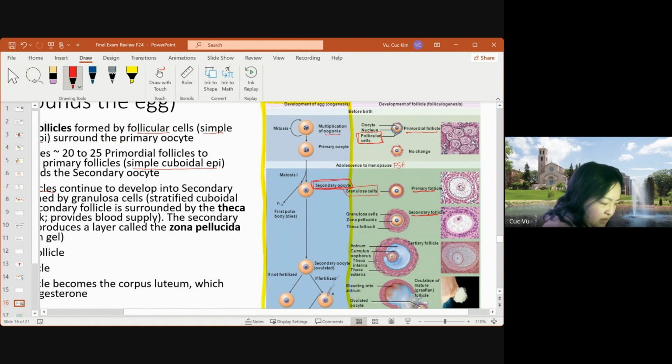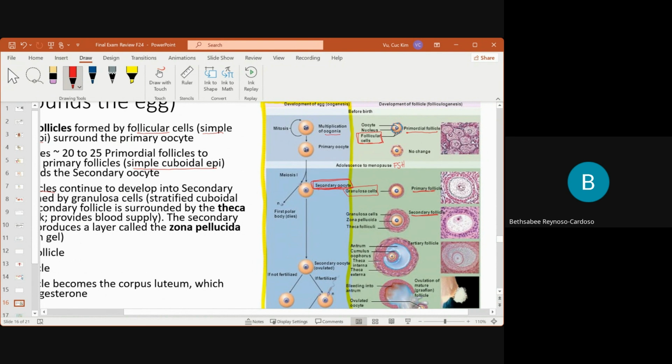Okay. So the primary, the secondary, and the tertiary are still going to surround the secondary oocyte. Because remember, after meiosis 1, does the secondary oocyte change? No, right? Okay.